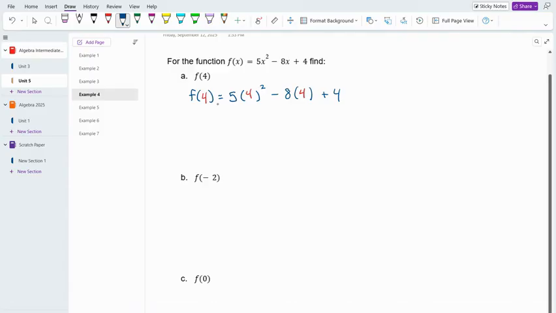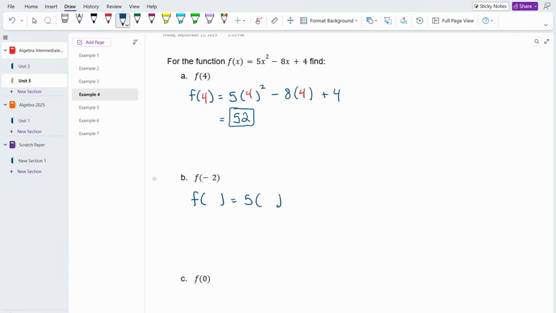So we'll come back over here and we'll say equals 52. Then we have f of negative 2, same kind of a deal. 5 times, minus 8 times, plus 4. And then what's going to go in as our substitution is that negative 2.